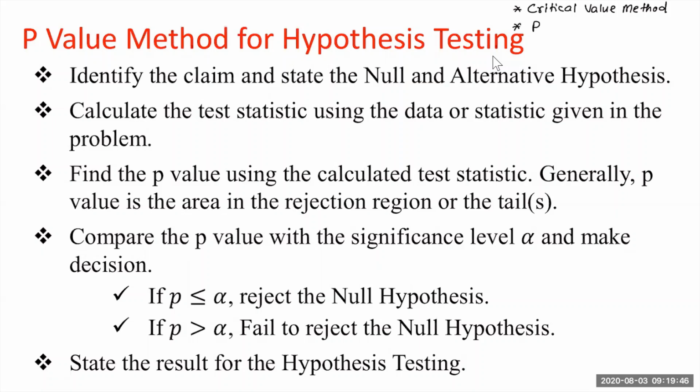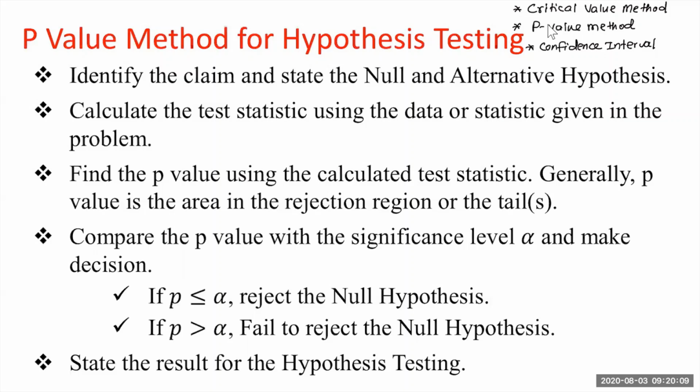The second is called the p-value method. And the third one is called the confidence interval method. So there are three important ways of performing hypothesis testing.